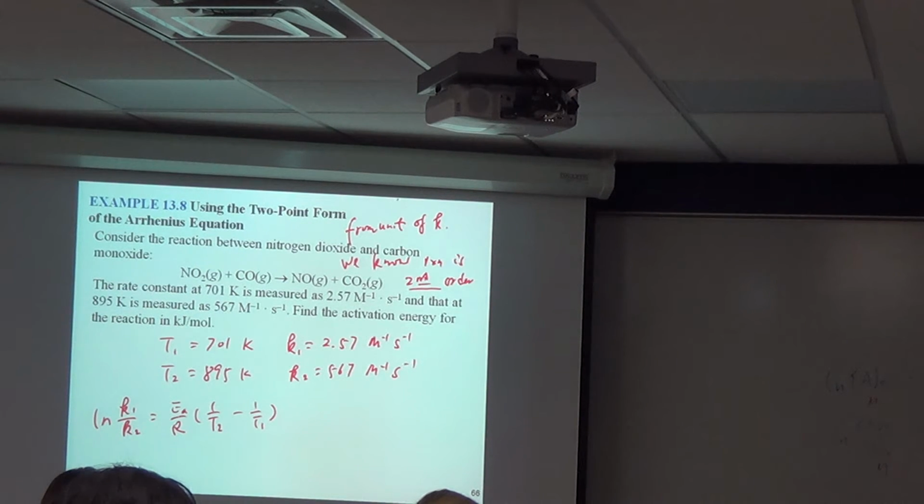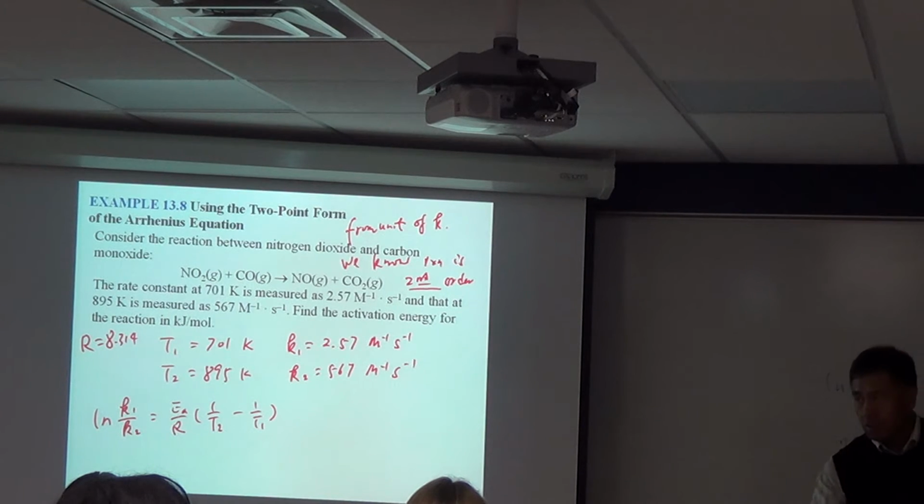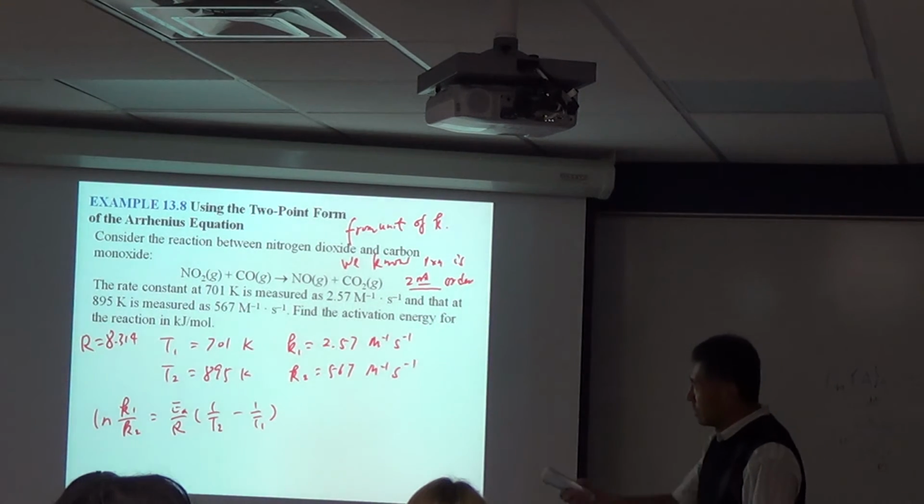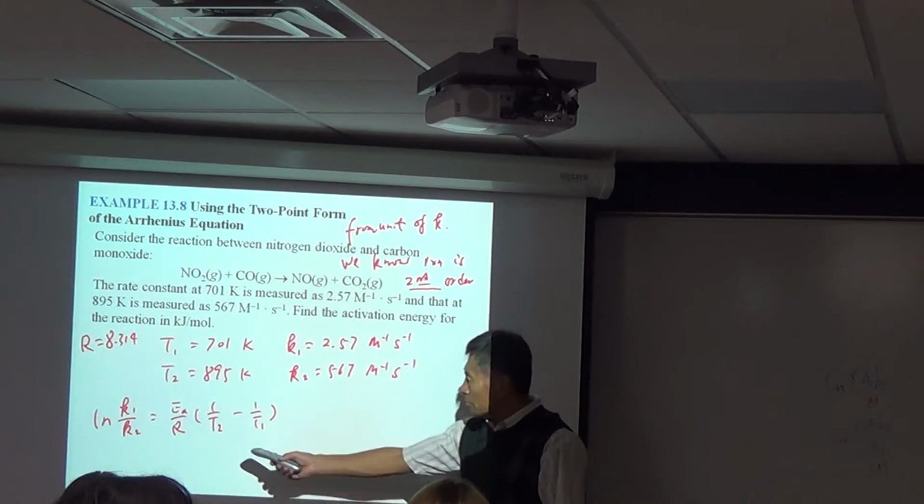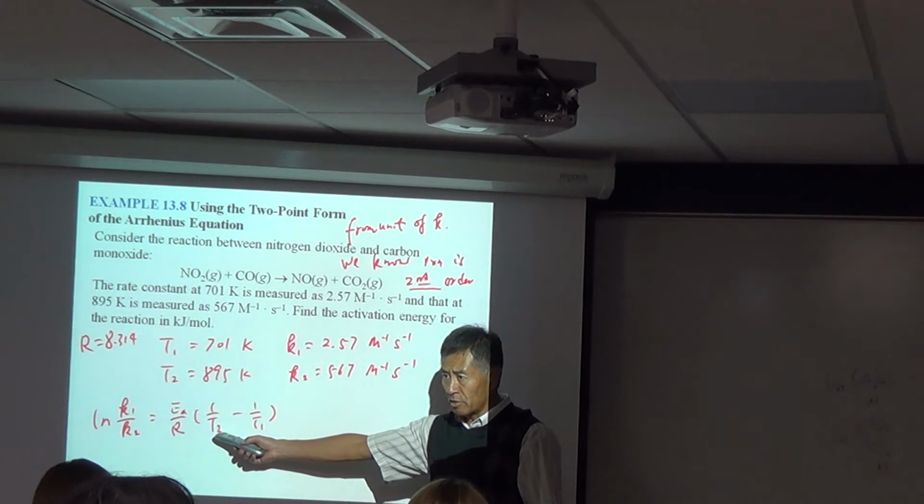When you remember, you have that constant, R equals 8.314. The last slide says K2 over K1, then we switch the temperature. So now if I write K1 on the top, I will have T2 here, the first one.